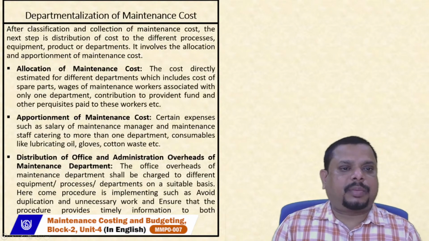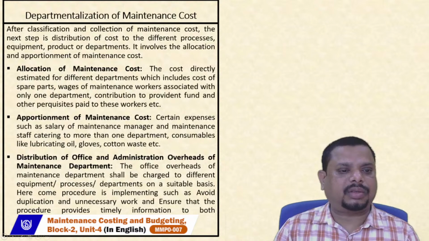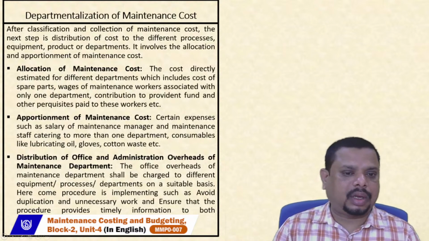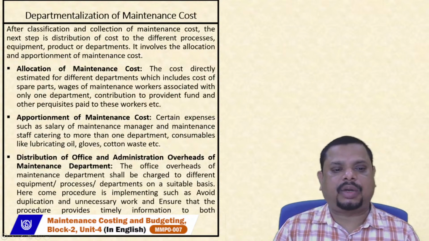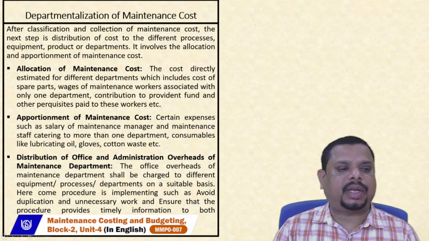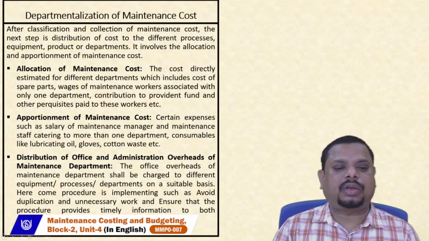So next one is departmentalization of maintenance costs. So we have allocation of maintenance costs, especially with reference to department and sub-department levels. And here the spare parts and wages of maintenance workers are basically considered, and their contribution to the provident fund as well as bonus paid to the workers are considered under allocation of maintenance cost. The next one we have absorption of maintenance cost, that means the salary of maintenance manager, maintenance supervisor, maintenance staff, which goes to more than one department, and consumables like gloves and cotton waste.